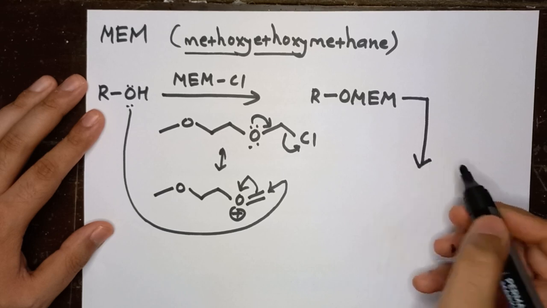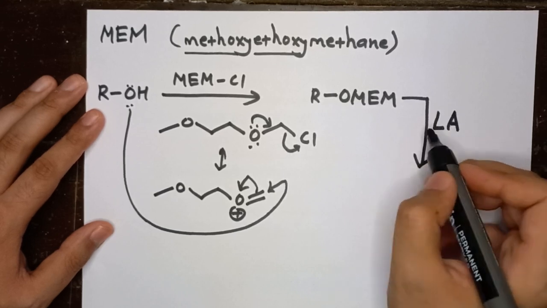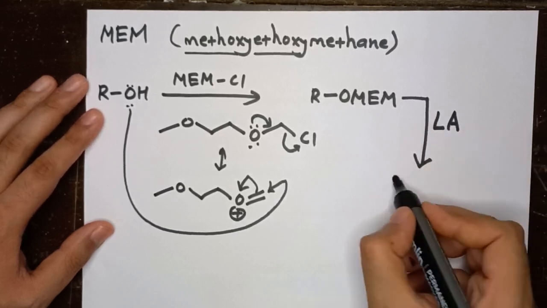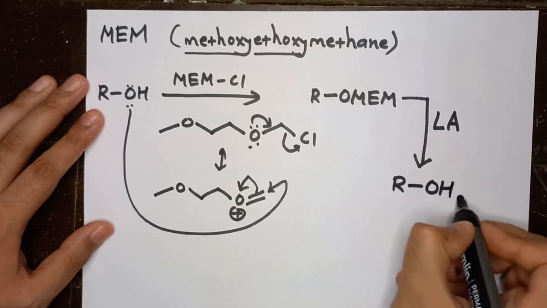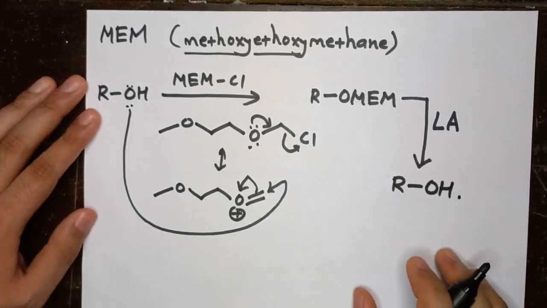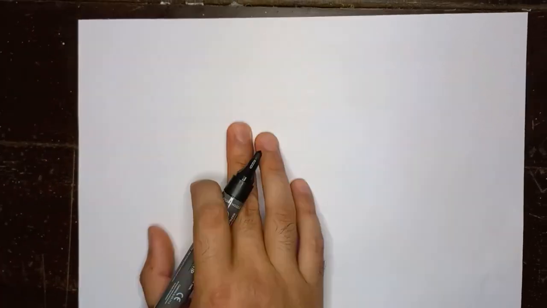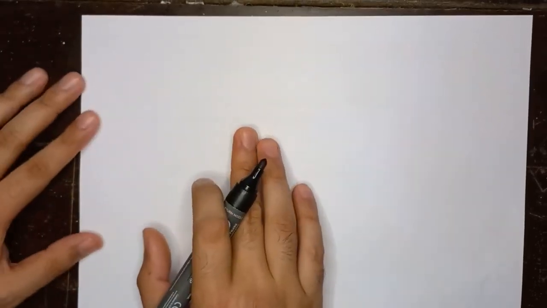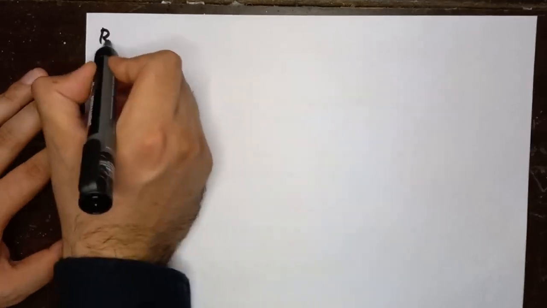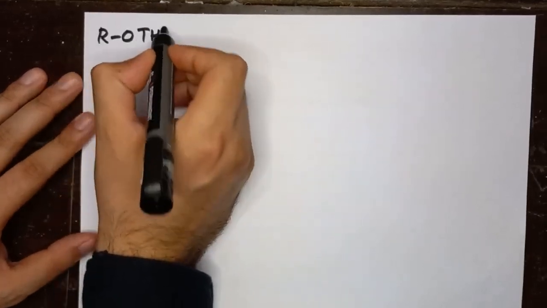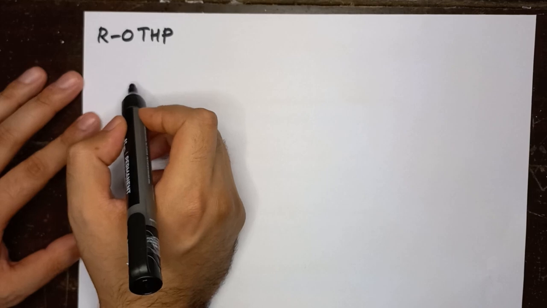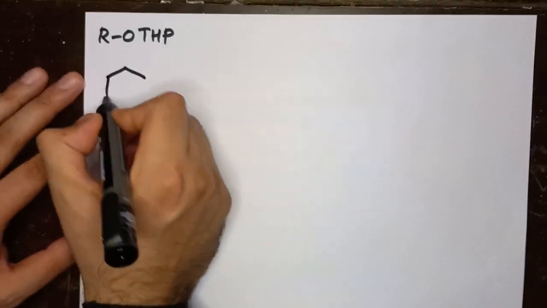To deprotect, once again you have to use Lewis acid. The mechanism is going to be the same, and you will generate the alcohol functional group. So this is about the MEM chloride or the MEM protection. Okay, now let's talk about the RO-THP protection. So suppose I have this molecule.